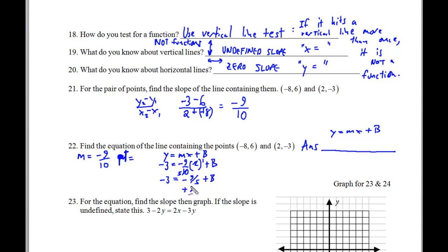Now I'm going to add my 9/5 to both sides. And if I take my negative 3 plus 9/5, doing the work on the calculator, my answer is going to be negative 6/5 equals b. You can do all that work on the side calculator, and I'll show you how to do that in just a moment. So my answer is going to be y equals negative 9/10 x minus 6/5.